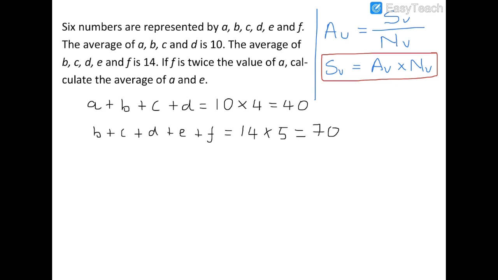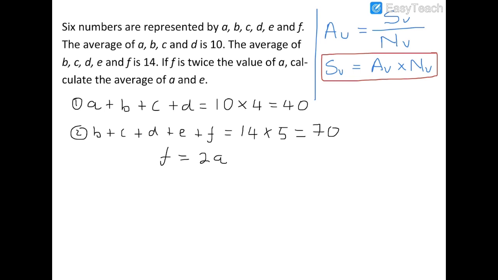Now we have our 2 equations here. So there's 2 ways in which we can solve this problem. First of all, we know that they told us that F is actually equals to twice A. So we can substitute that into the second equation. So I'm going to name that equation 1 and name that equation 2. So you can substitute that into equation 2.